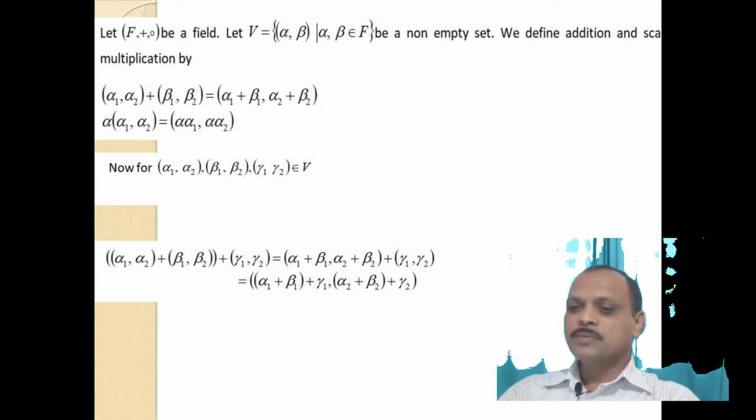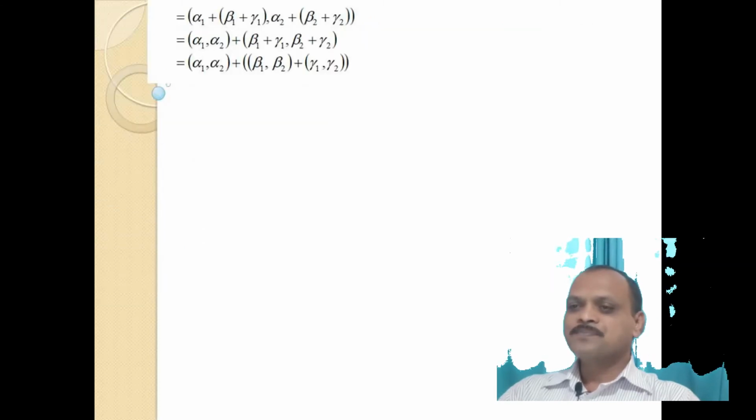Adding alpha 1 comma alpha 2 plus beta 1 comma beta 2 first, and then adding gamma 1 comma gamma 2, is the same as adding alpha 1 plus beta 1 plus gamma 1 comma alpha 2 plus beta 2 plus gamma 2, since the parenthesis gives preference to the second term.